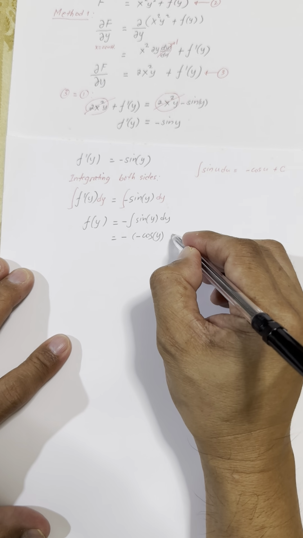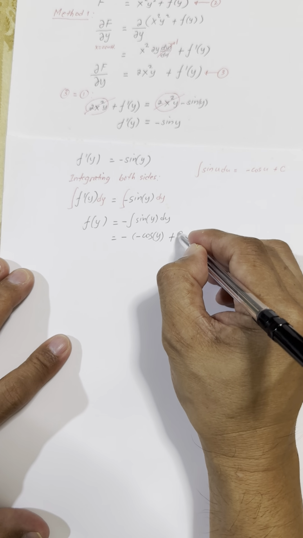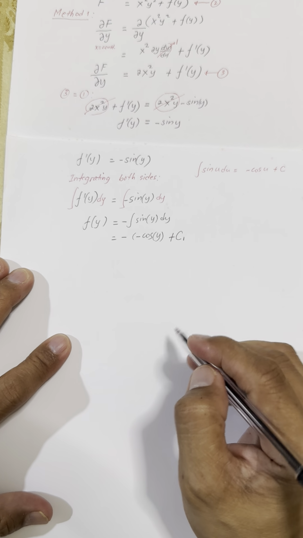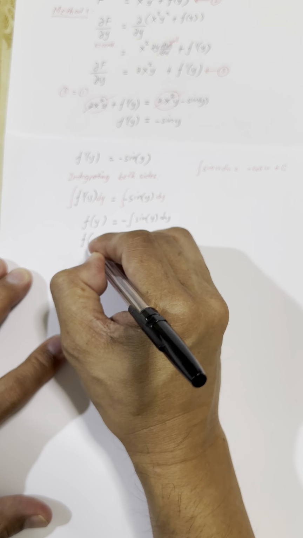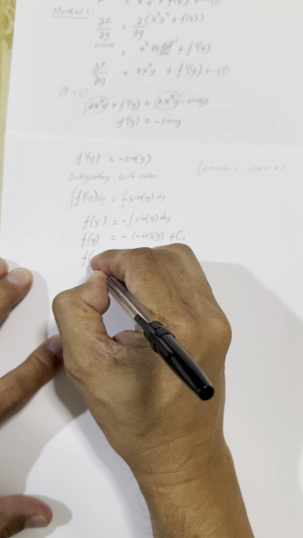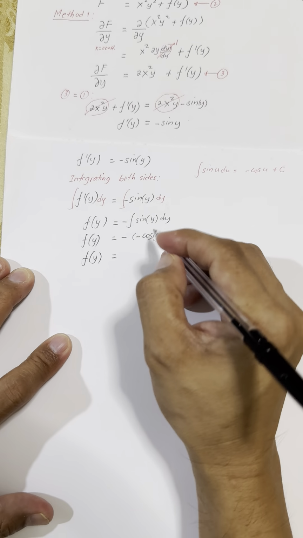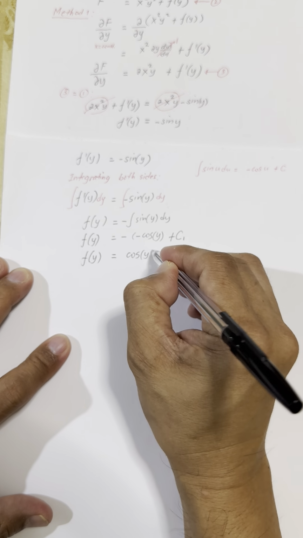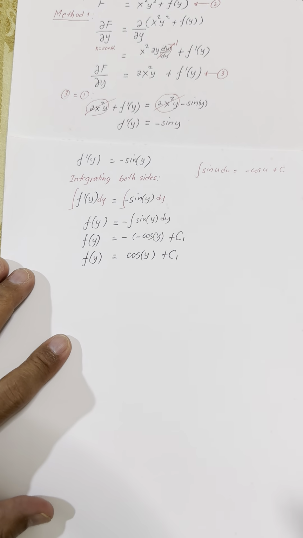Okay, and then we add the constant of integration, we call that constant c1. Okay, so f of y is equal to negative times negative, equal to positive cosine y plus c1.